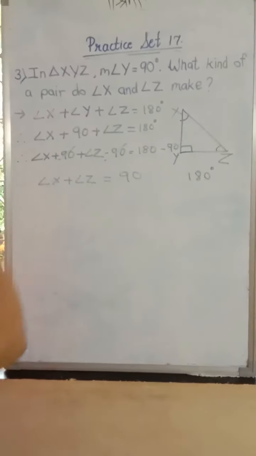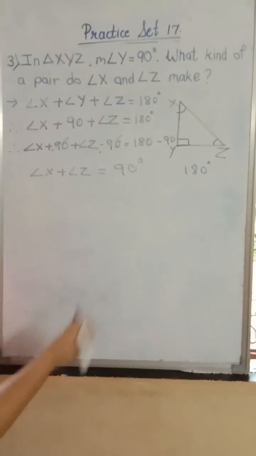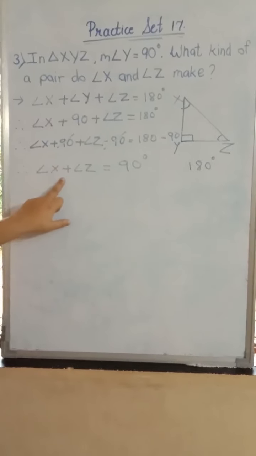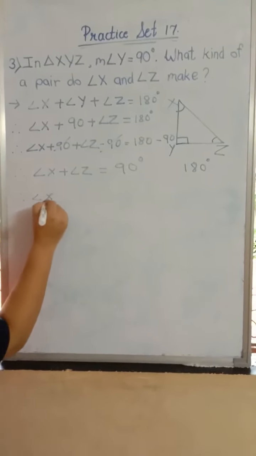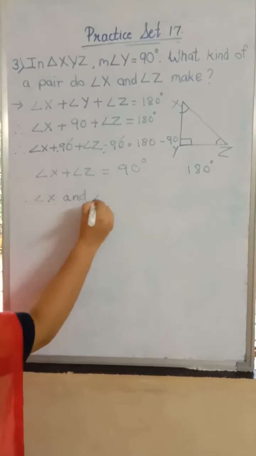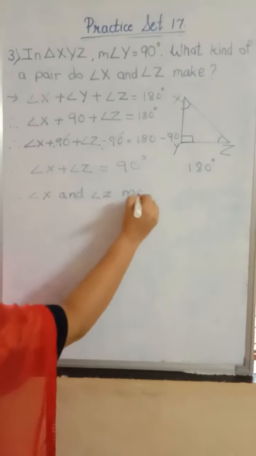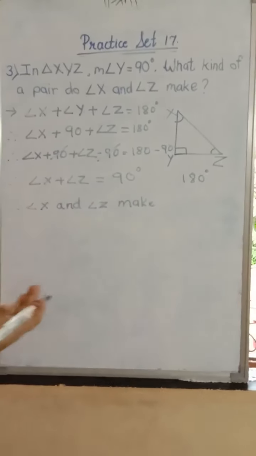So which pair is having 90 as a measurement? Complementary. Yes. And plus means nothing but and, is it? Therefore, angle X and angle Z make which pair? 90 degrees means complementary. Yes.